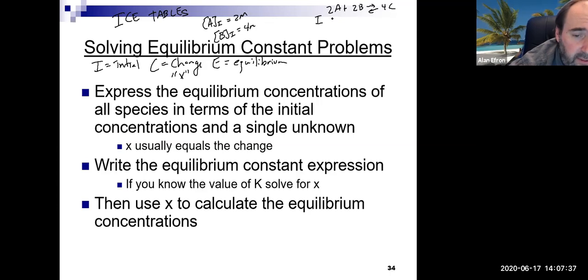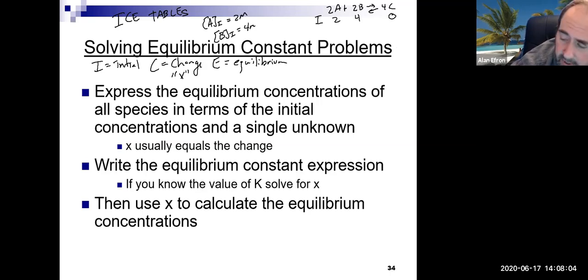So initially what we would do is put into our table 2 and 4. And if you're not given any information about your products, it's probably safe to assume that you're starting with 0 for your product side. A lot of problems won't give you any information about the product side. They'll just give you some information about the reactant side. And it's safe to assume that you're initially starting with 0 on the product side.